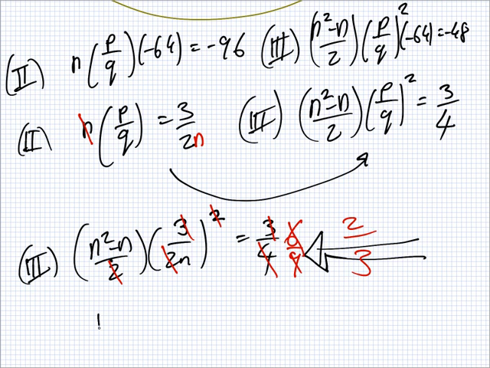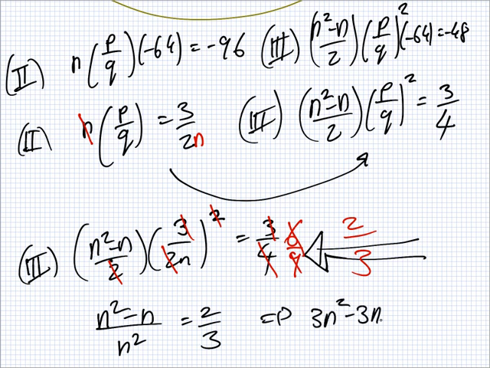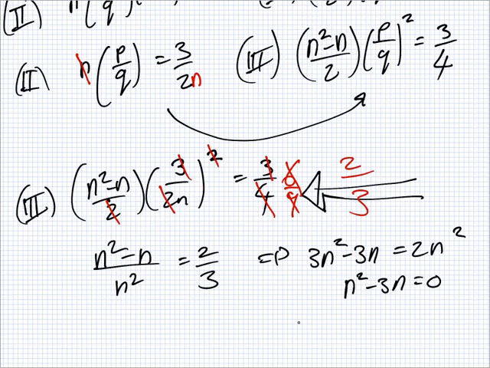So I end up getting n squared minus n over n squared is 2 over 3. So I get 3n squared minus 3n equals 2n squared, thank you. So then I get n squared minus 3n equals 0. So I get n times n minus 3 equals 0. So obviously n is not 0. So I get n is 3.